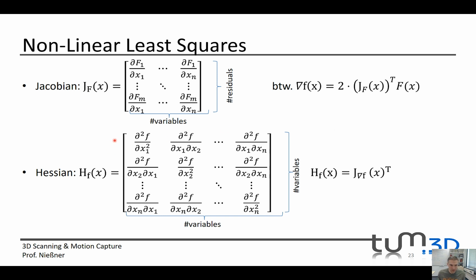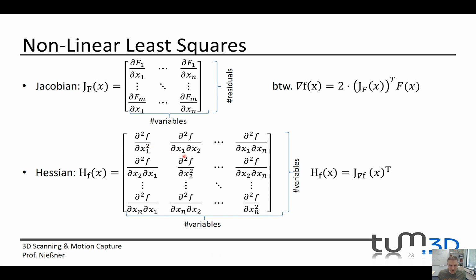So let's look at the diagonal of the Hessian first. The diagonal of the Hessian is nothing else but taking the function and deriving it twice with respect to x1, x2, x3, and so on. So these are the second order derivatives that we have on the diagonal. And then off the diagonal, we have the mixed derivatives of the Hessian, right?